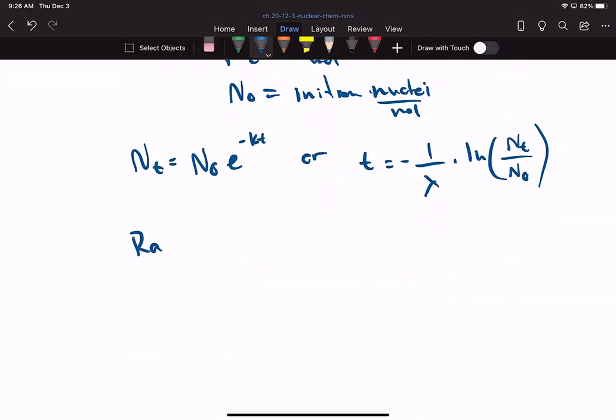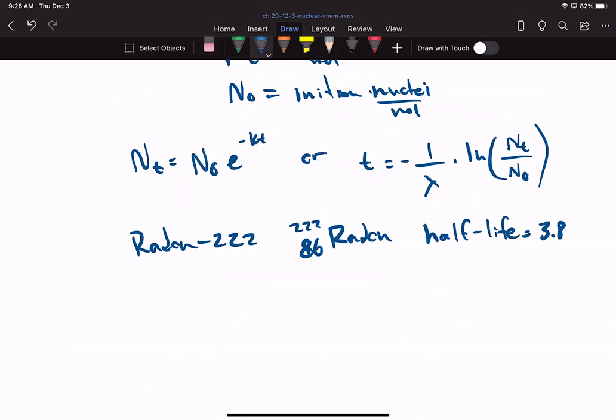We'll use radon 222, atomic number 86. And the half-life for radon is 3.823 days.